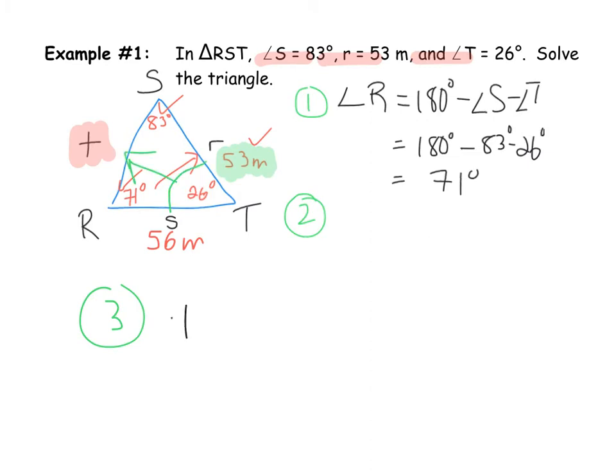So I would say little t over sine of angle big T is equal to, and now I have choices because I have all of the other pieces of information. So I can use either the information from R or from S here, and it doesn't really matter. I tend to use the information that is given to me in the problem as much as possible.